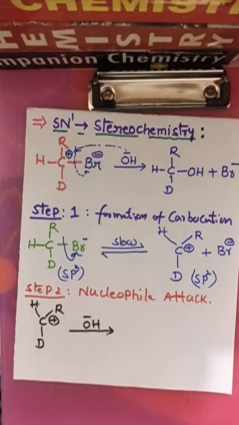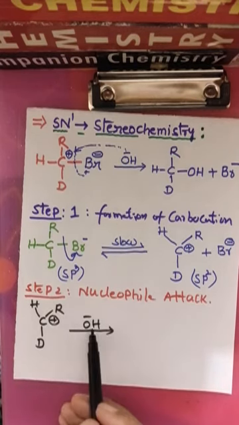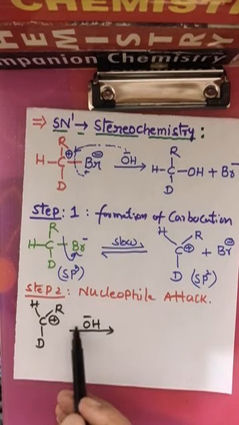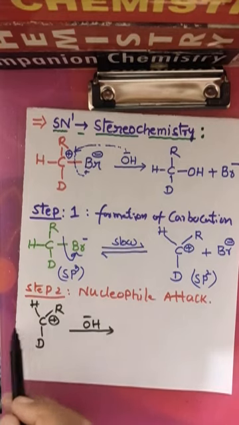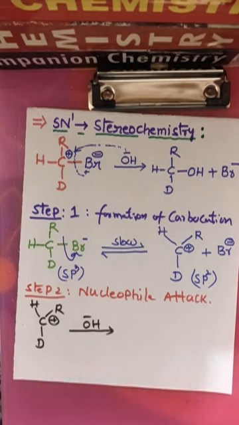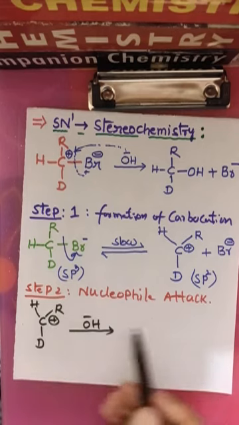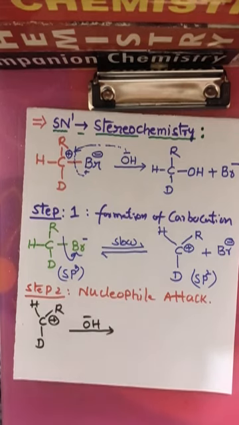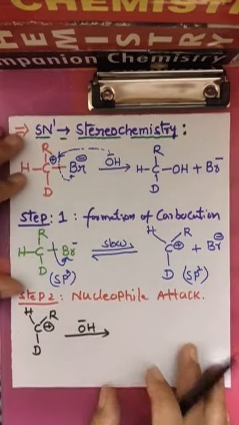Look here, there are two chances to attack. This nucleophile can attack from the front side or the back side. So front side attack gives one product, back side attack gives one product. Totally two products according to stereochemistry.